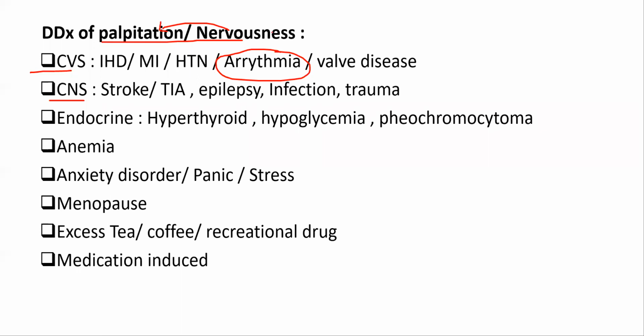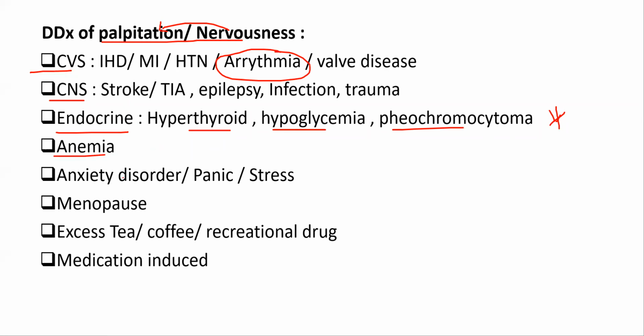So we would like to rule out the CNS causes in this case as well. So you will rule out the possibility of a stroke, TIA, epilepsy, head injury, or infection. Endocrine is very important. So hyperthyroidism, hypoglycemia, pheochromocytoma, very important to rule out.